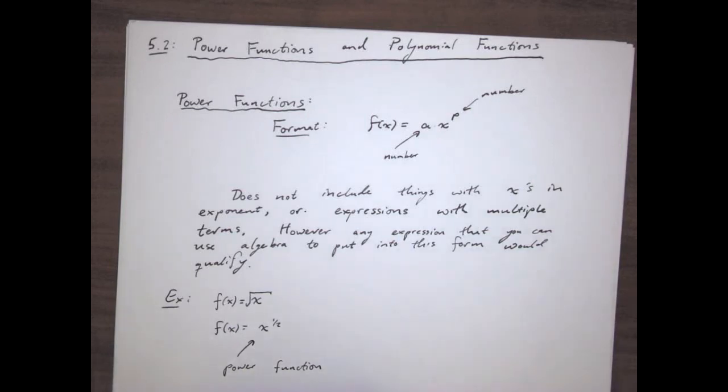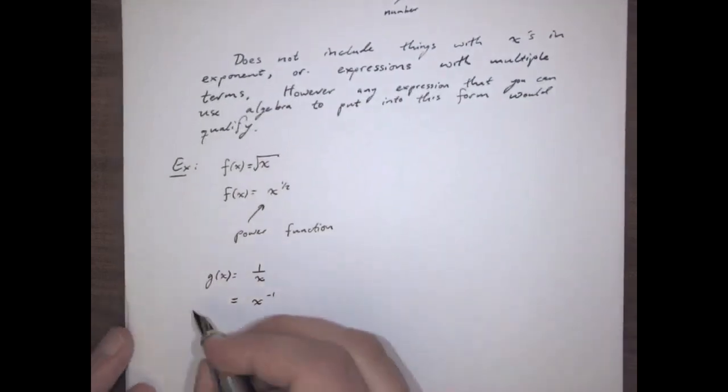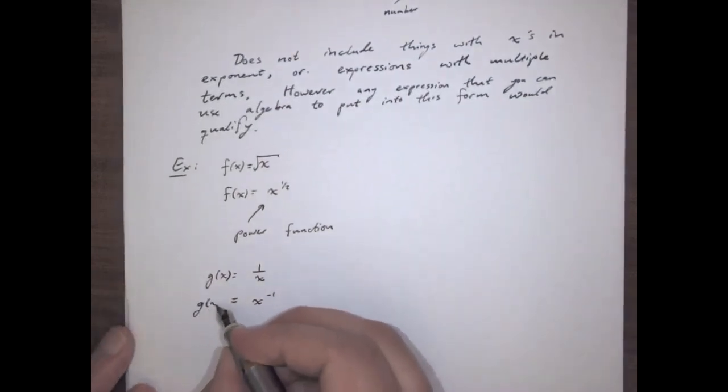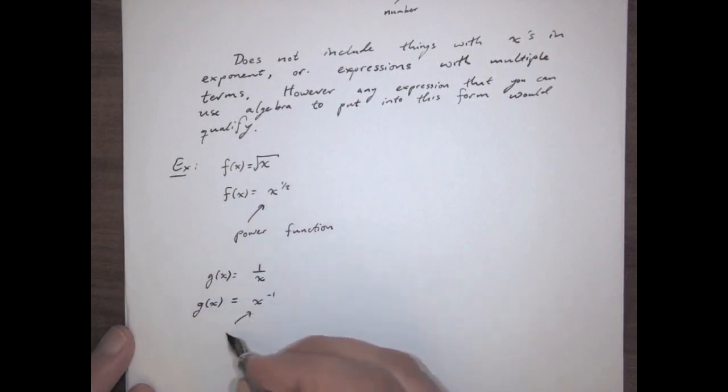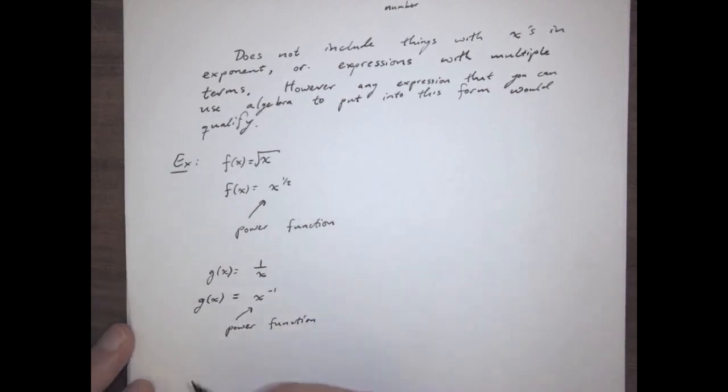Another example would be something like, what if we had g of x is equal to 1 over x? Well, that can be rewritten as x to the negative 1, so the reciprocal function also would qualify. And then if we had something like h of x which equals, let's say, just the number 3.